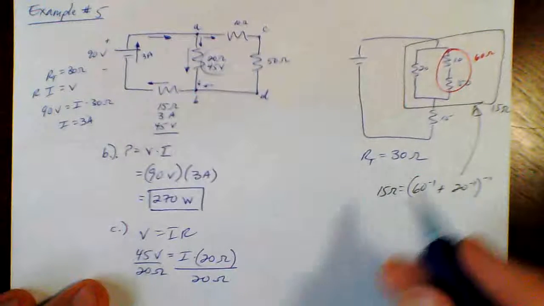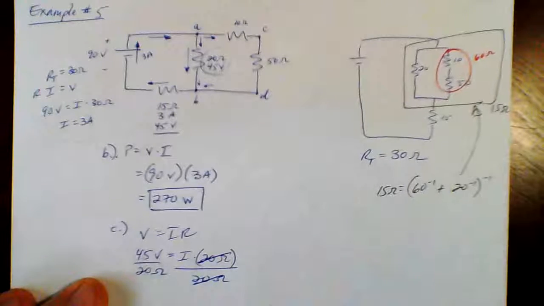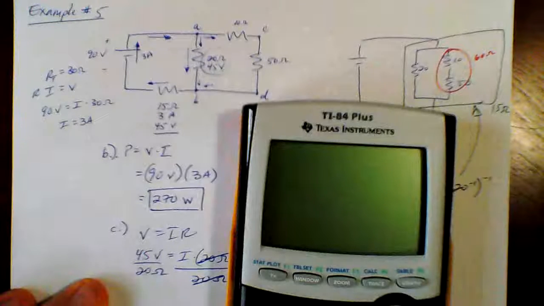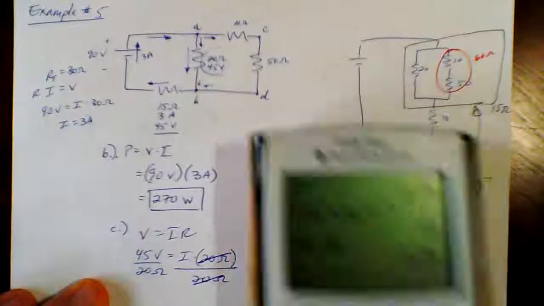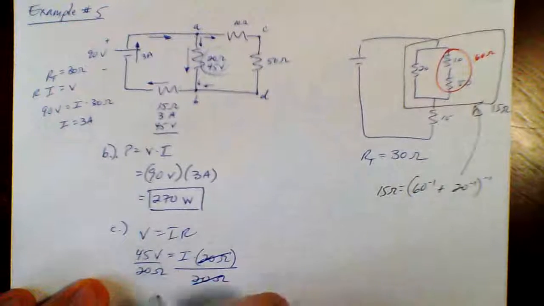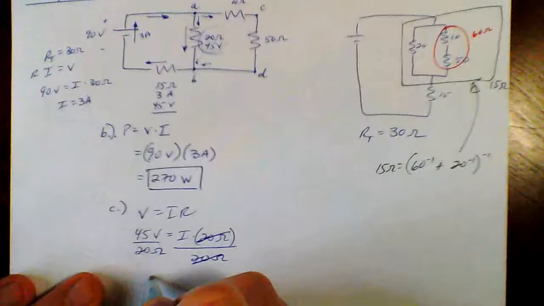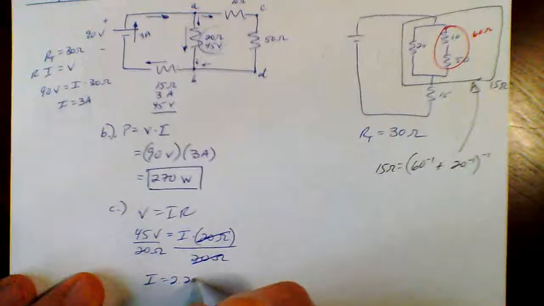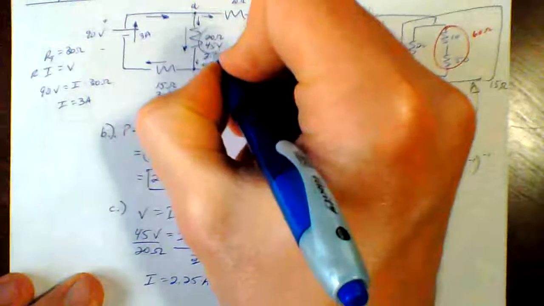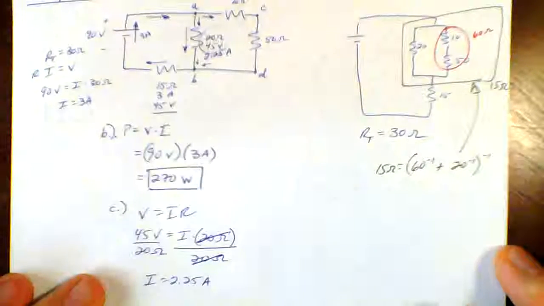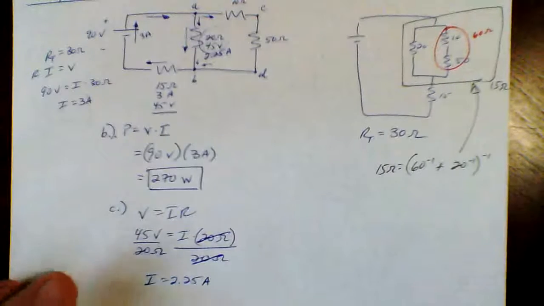And what I'm going to get is 45 over 20. Is that like 1.25? 2.25. So you get 2.25 amps going through there.